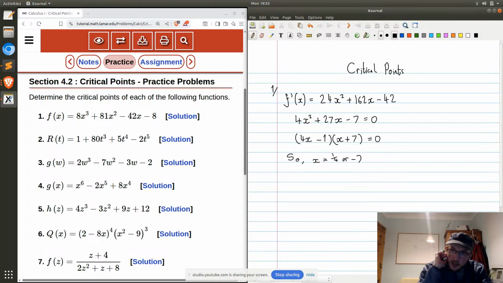Let c stand for the value of a critical point in the domain of the function. Then a critical point is defined as a point such that f of c exists and f prime of c is either 0 or does not exist. Clearly, it's these two, because a polynomial is defined over the whole of the reals, that's in the domain, and it's differentiable everywhere. That's what I think the answer is.